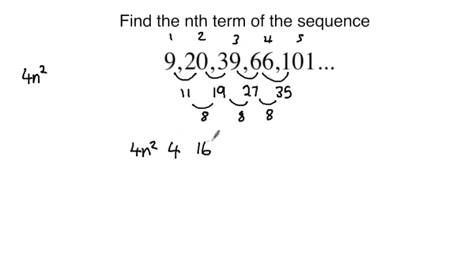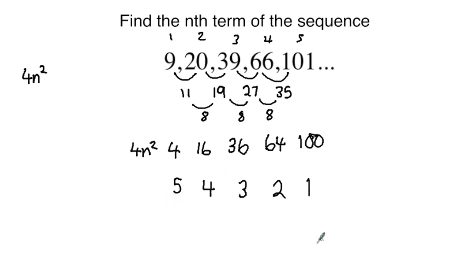Got 3 squared times by 4, which is 36. 4 squared times by 4 is 64, and 5 squared times by 4, which is 100. So now what I'm going to do is take my original sequence and subtract the one that I've now got. So that will give me 5, 4, 3, 2, and 1.